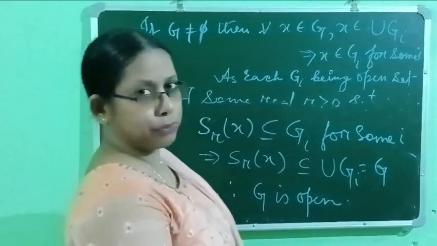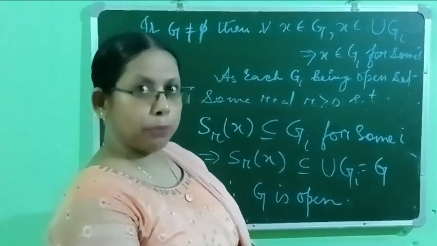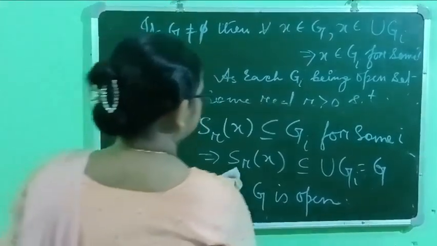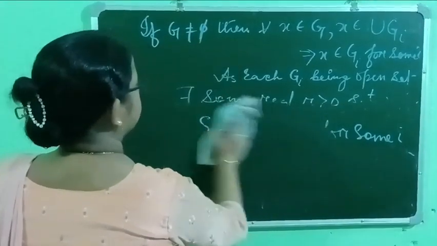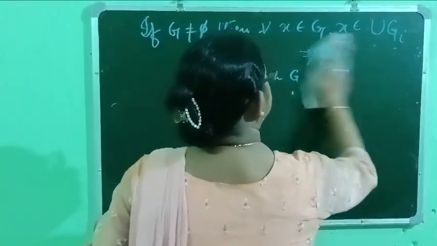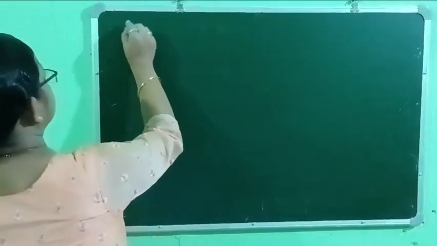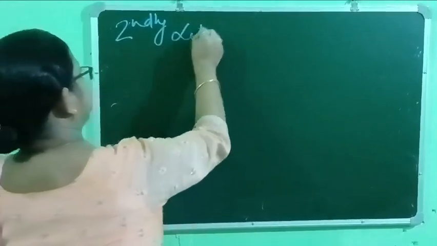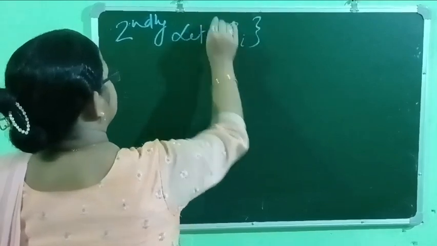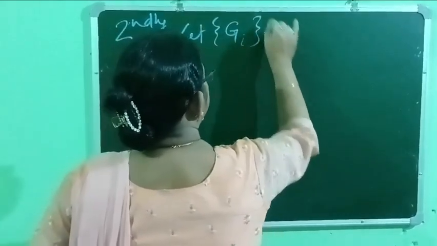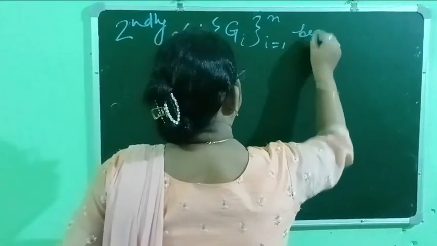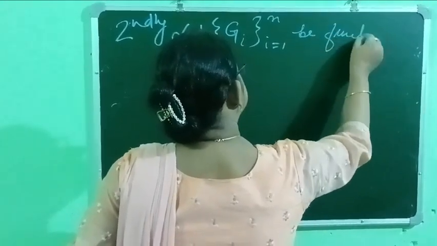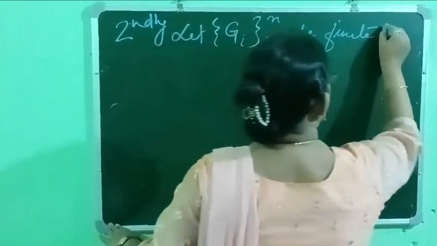Next, we are going to show that finite intersection of open sets is open. Secondly, let Gi, i ranges from 1 to n, be a finite class of open sets.